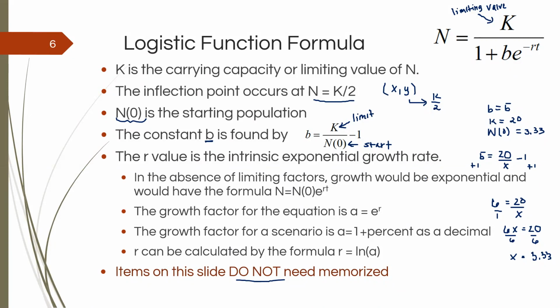Now we have this next section, and R is called the intrinsic exponential growth rate. If there had been no limit, this would have turned out being an exponential function. And so instead of the p, you see the n of 0. That would have been the start, like the p in NPAT. But then instead of having a percentage here, we use this e, and we've talked about e different times. e is the base for continuous growth.